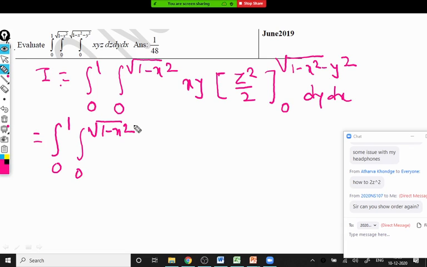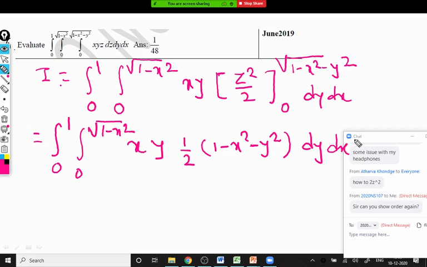If we replace the limit, this is x y, 1 by 2, z square gives you 1 minus x square minus y square, dy dx. Anyone, what should be the next step?